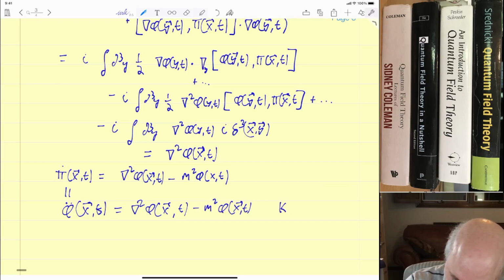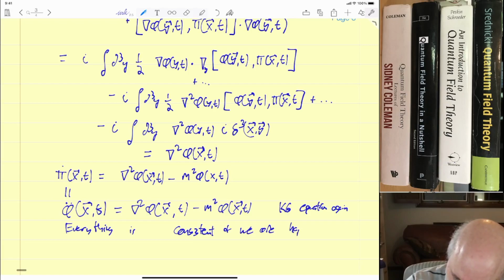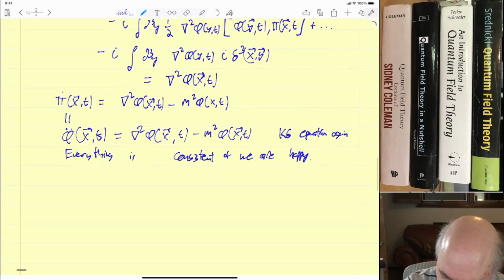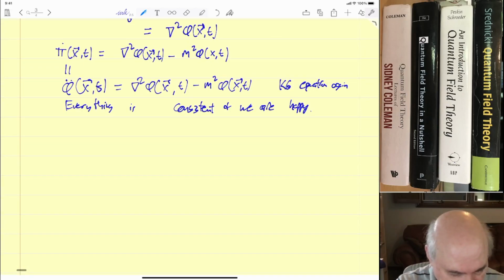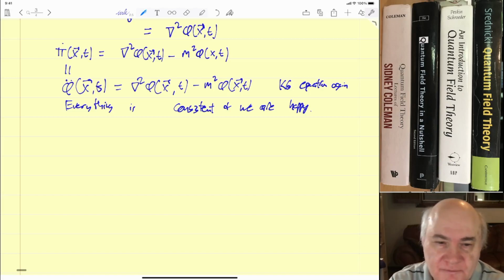So this is the KG equation again. Everything is consistent. Okay, and we are happy. I'm sure the first time people did this, they weren't 100% sure that it was all going to work out, and so they were probably pretty happy.